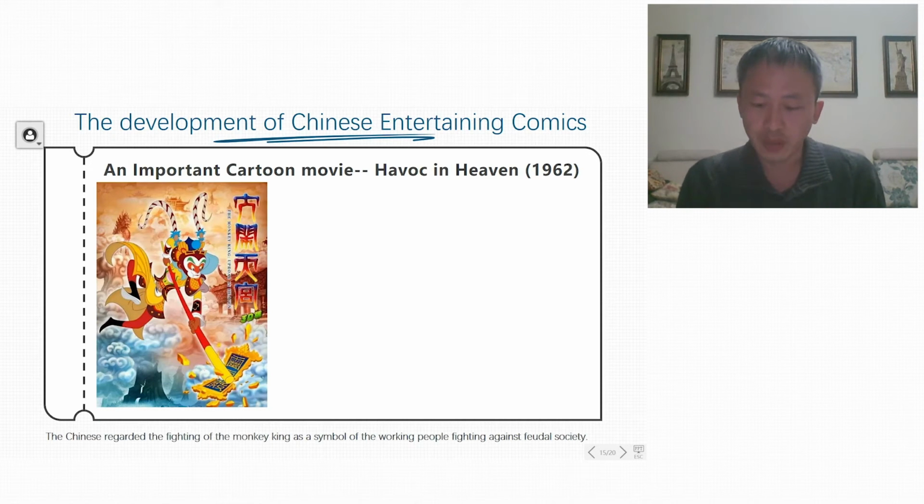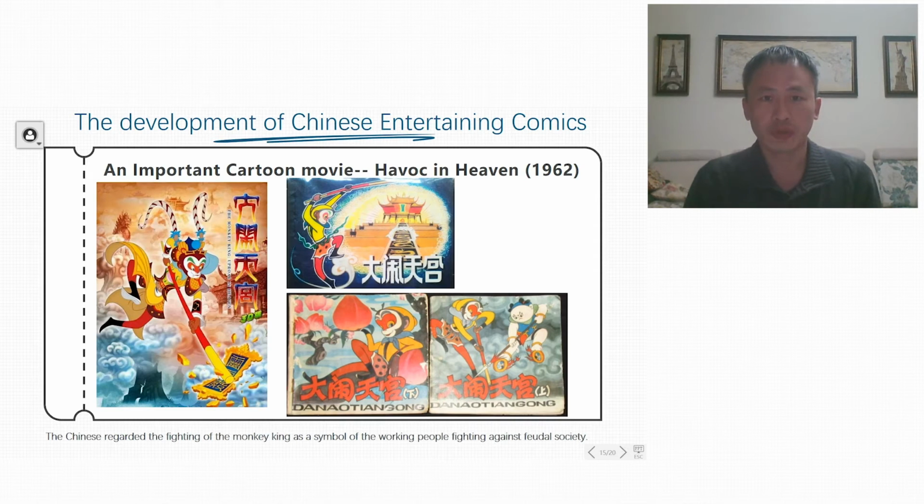This one. It earned domestic and international praise. The story is an adaptation of the earlier episodes of the 16th century Chinese novel Journey to the West. The main character is Sun Wukong, aka the Monkey King, who rebels against the Jade Emperor of Heaven.